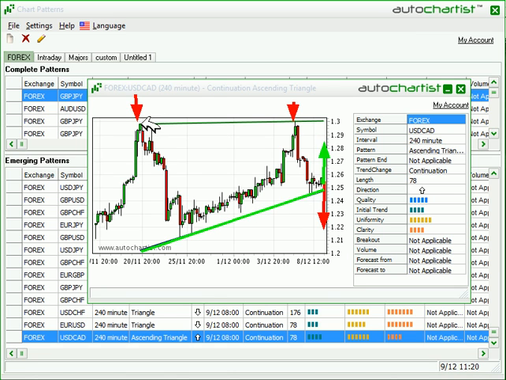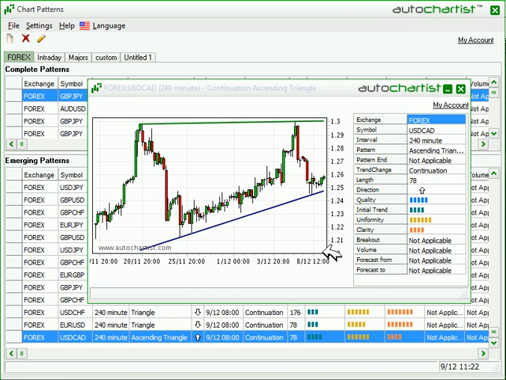And we've also talked about how I can play a short off this static horizontal ceiling, right? So there's a number of decision levels here. There's a number of things I can do just with these two lines and this simple continuation ascending chart pattern alert from AutoChartist.